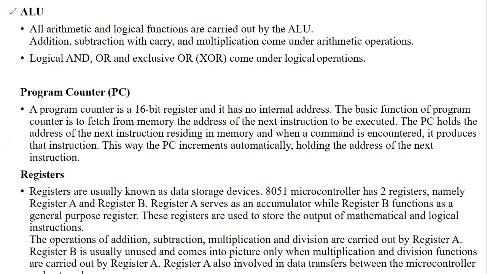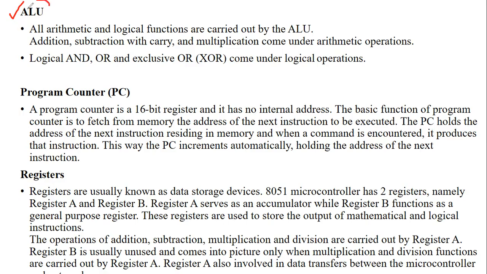Here, first ALU. So what is ALU? ALU is arithmetic and logic unit. So the name specifies the full form of ALU: arithmetic and logic unit, the unit which is responsible for all arithmetic and logical functions.